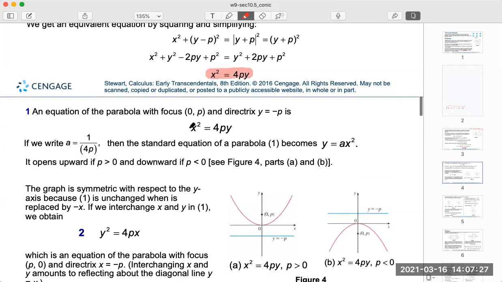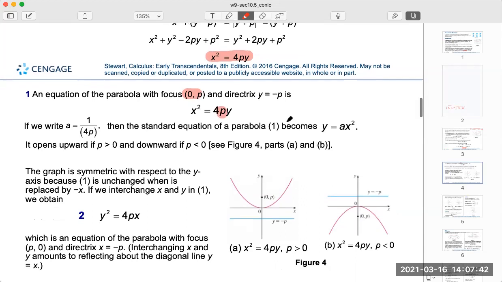And from this expression, the focus will be (0, p) here, right? And the directrix is y equals negative p. Okay. From here, if we divide both sides by 4p, what do we have?